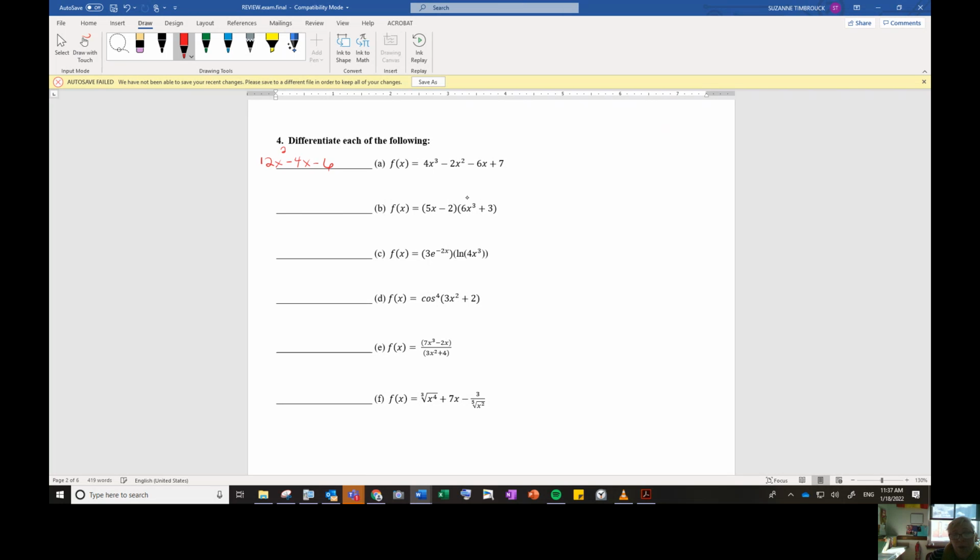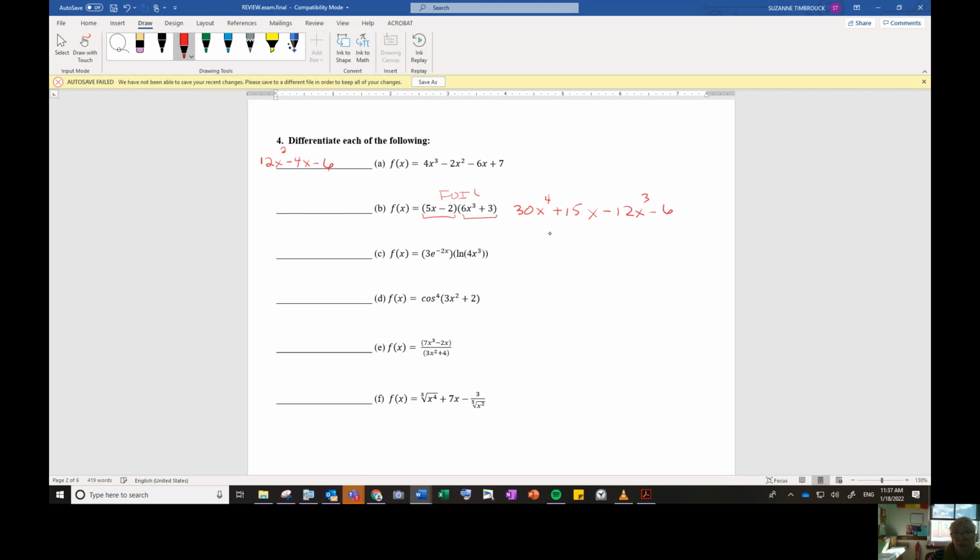In this next one, you could do the product rule. That would be fine. I think this one is worth just taking a minute to actually FOIL and getting a nice, easy polynomial. So if you distribute the 5x and then distribute the 2, you will end up with 30x to the 4th plus 15x minus 12x cubed minus 6.